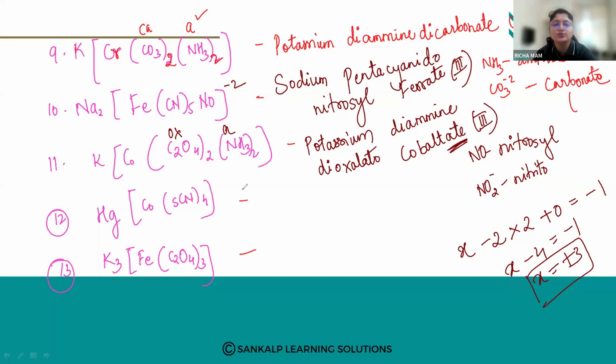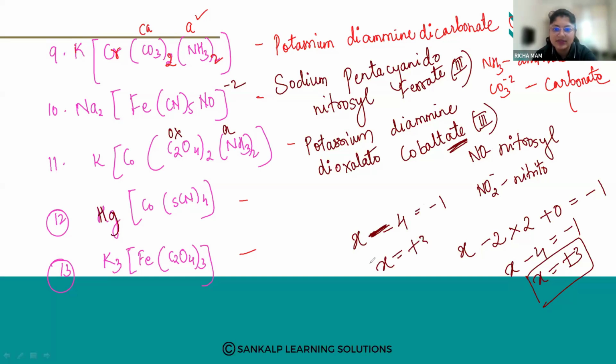Next one, last two. Your Hg is mercury. Hg means mercury. This is thiocyanate. Okay, now you can do. So if I find the charge, Hg is also +1. So x minus 4 equals to -1.